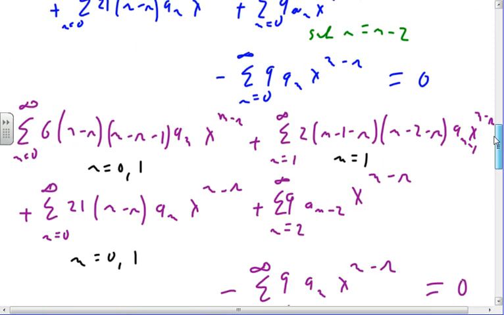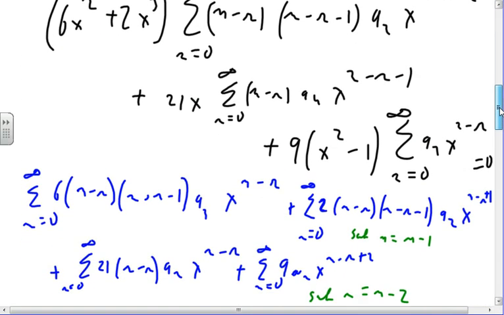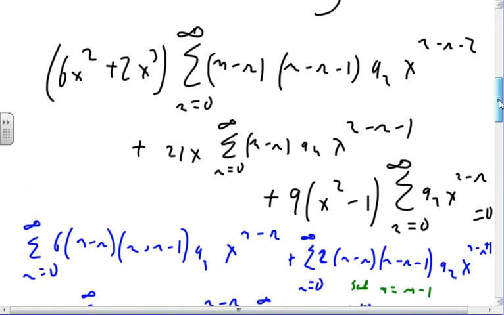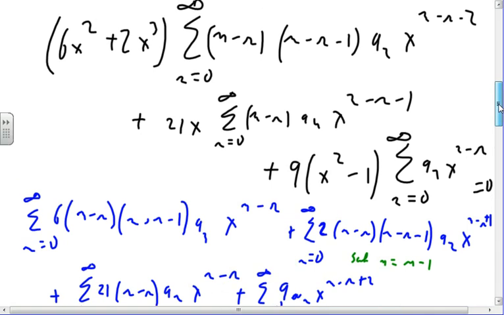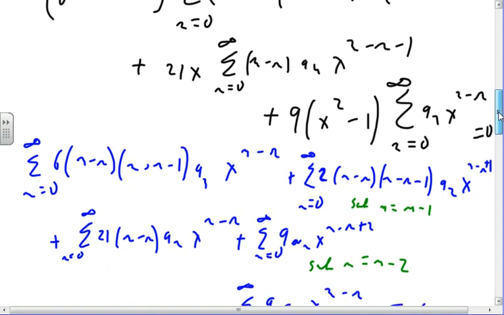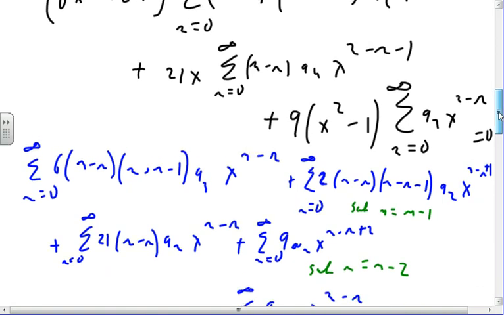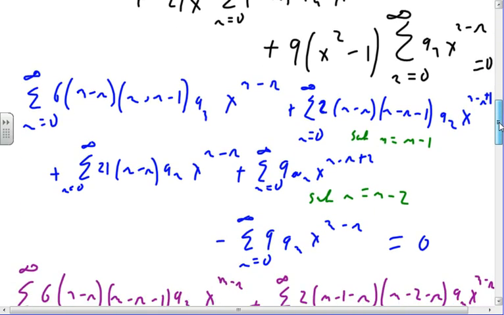All right. Bring out the red ink pen. Where is the mistake? 6x, that goes away. 2x cubed, there's the plus 1. 21x, that goes away. 9x squared minus 9.